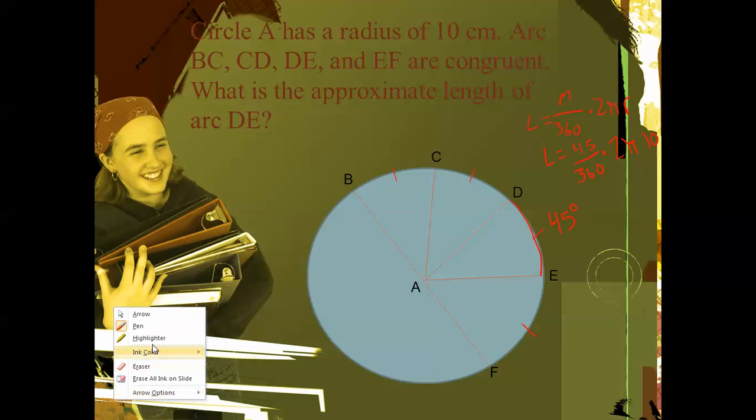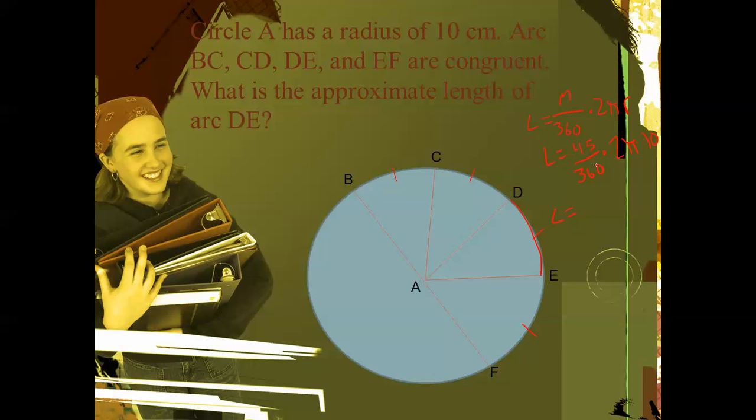Now I'm going to erase this. Now we're just going to solve all this out, because we just want the approximate length. You don't even have to worry about reducing; just multiply everything out and then divide. We take 2 times pi times 10, so 2 times 10 first is 20.